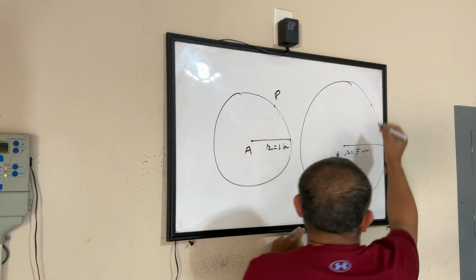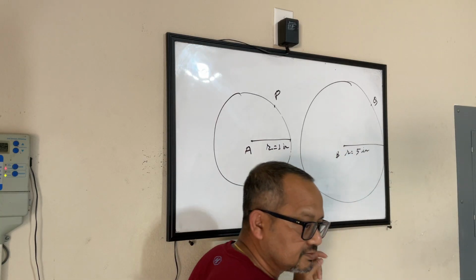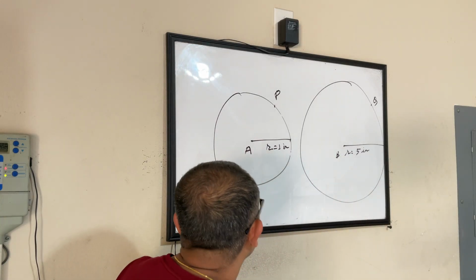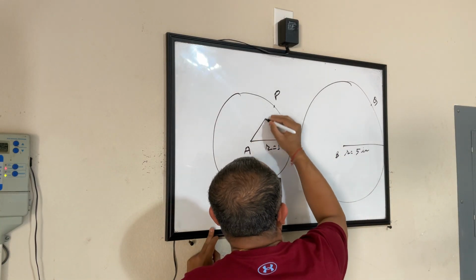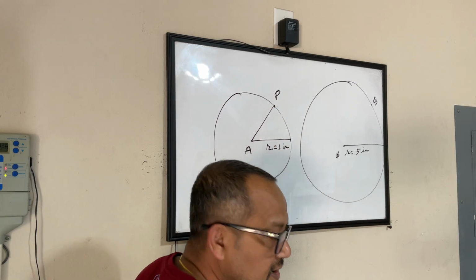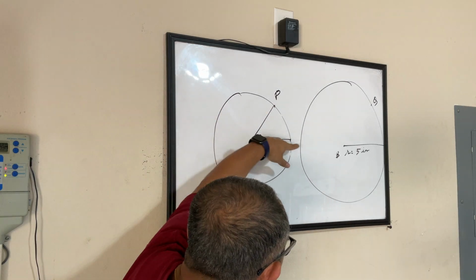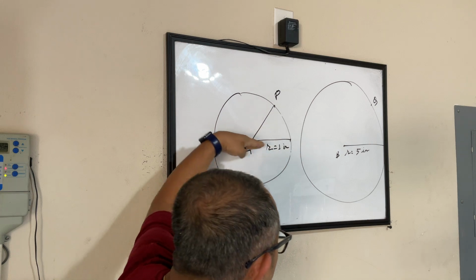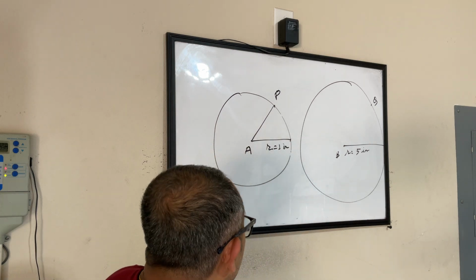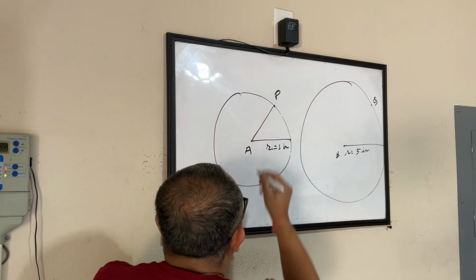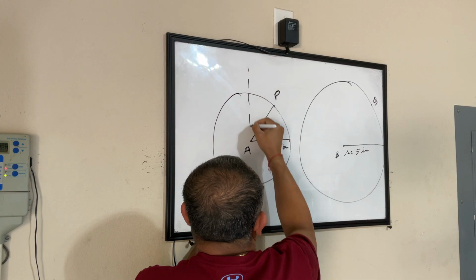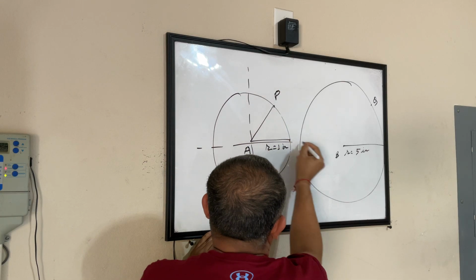This is P and this, let's say, is Q. If I join these 2 points, I see that this is my horizontal line, which is along this one, and let's also assume that my center is coinciding with this.